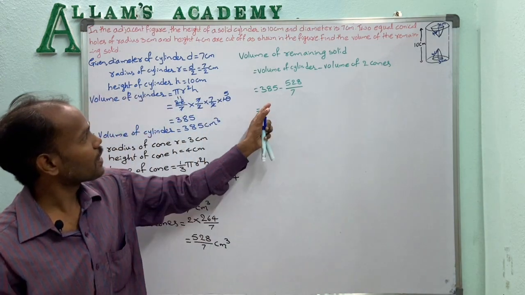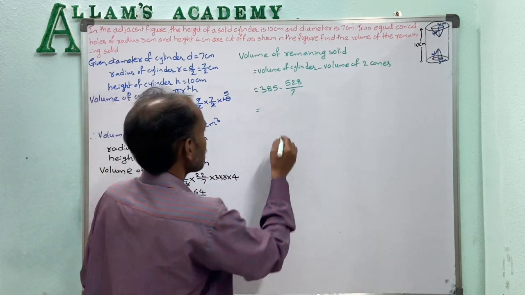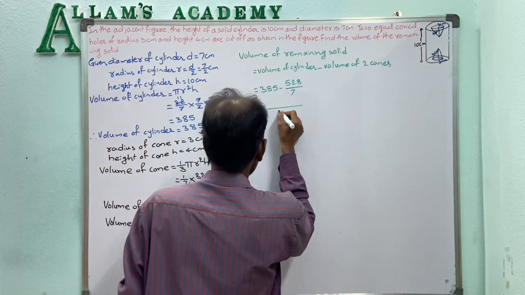So now here 385 minus 528 by 7, if we take the LCM, that is nothing but 7.